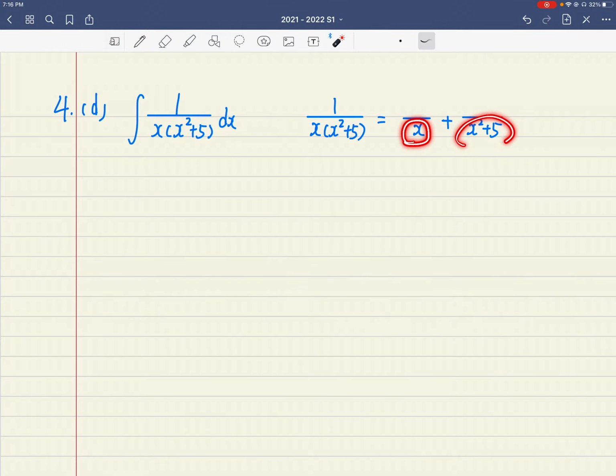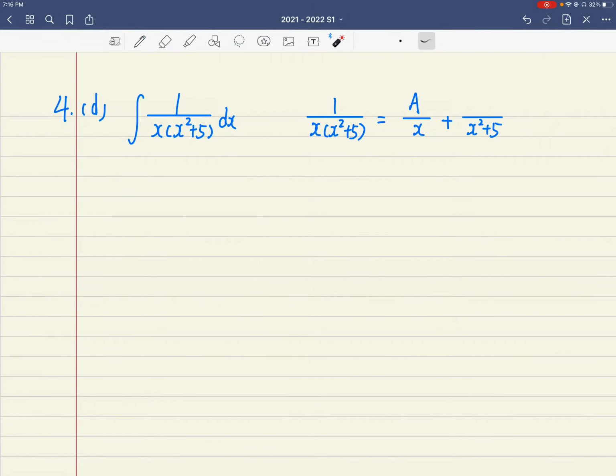First, why it's x and x squared plus 5, because these two are the factors of this bottom. And always remember the top is 1 degree lower than the bottom. So here, the first one, the degree is 1, x to the power of 1. So the top should be x to the power of 0, which is a constant. You don't know what that constant is, so you can call it a.